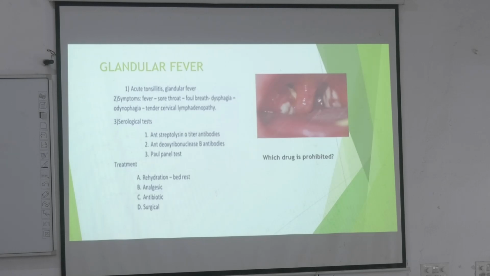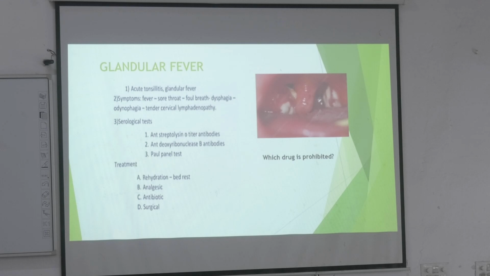Glandular fever was already told, but there is a question, okay? Suppose this patient has glandular fever and you are confused whether it is acute bacterial tonsillitis or infectious mononucleosis, right? So which drug should be avoided because it can give an allergic reaction?